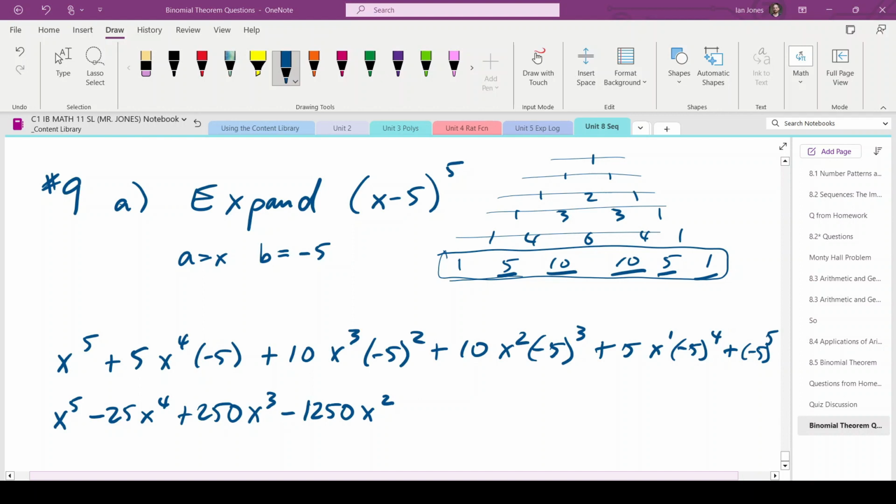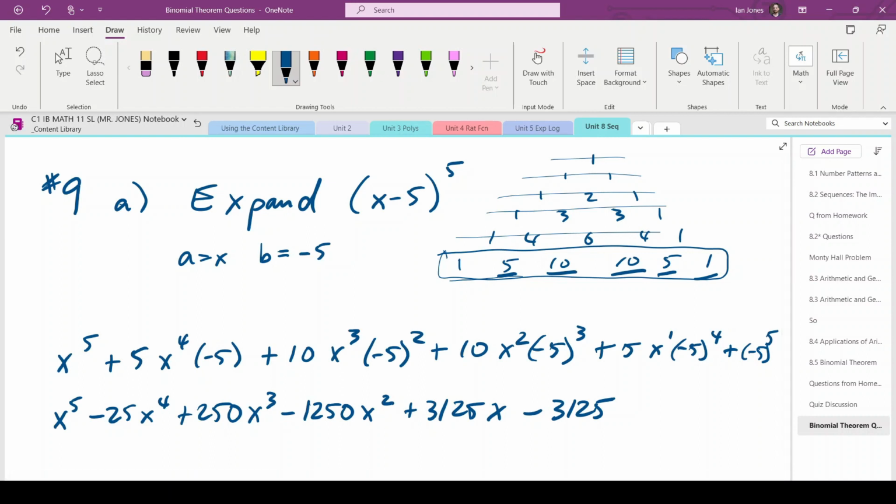I think it's 625. So I have 625 here times another 5. So that would be 3,125x, minus, because it's an odd exponent, 5 to the 5th. And I'll get that on a calculator. Oh, of course, I just did it. 3,125. Okay, so that's the expansion. That's part A.